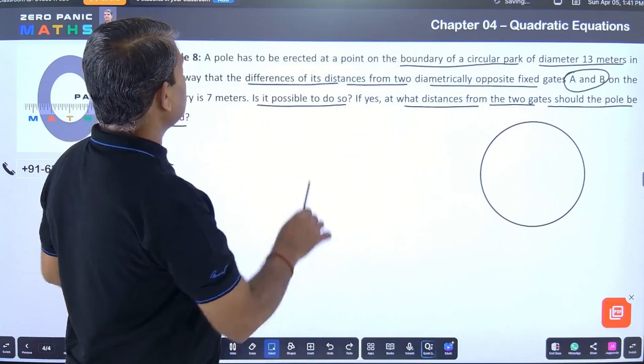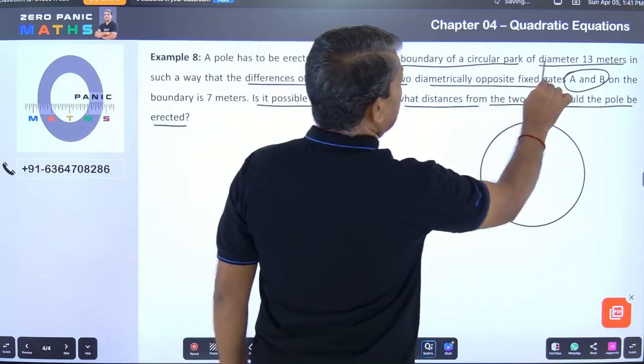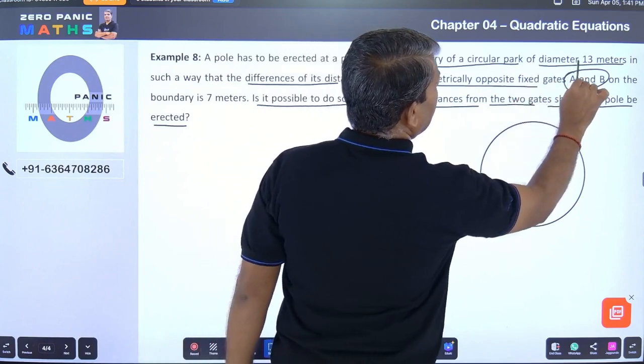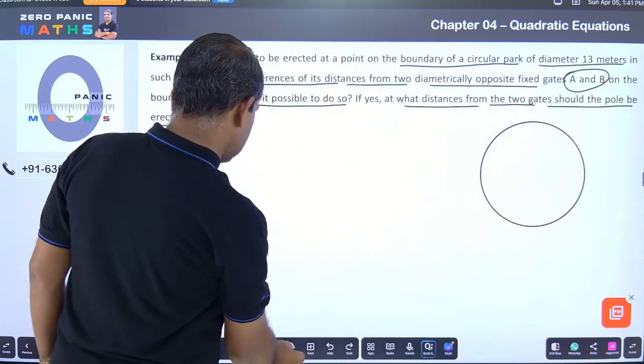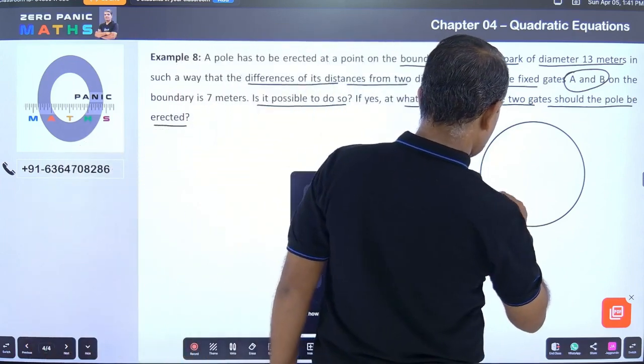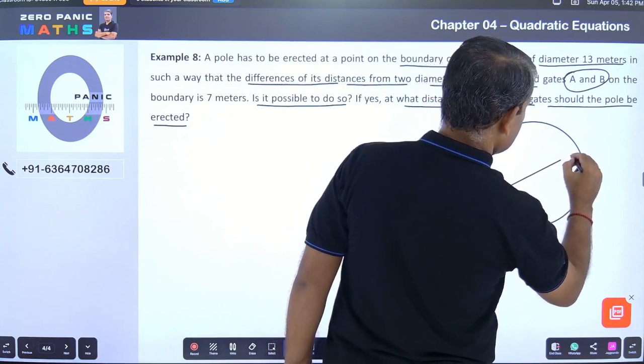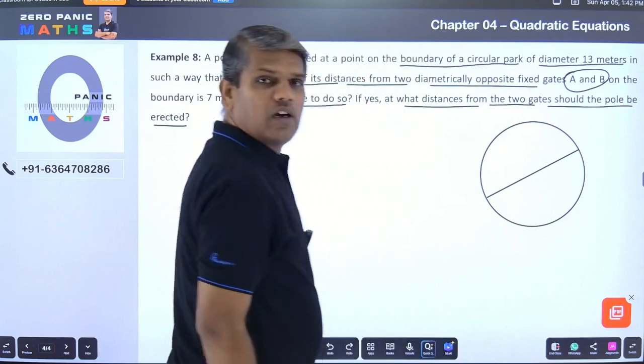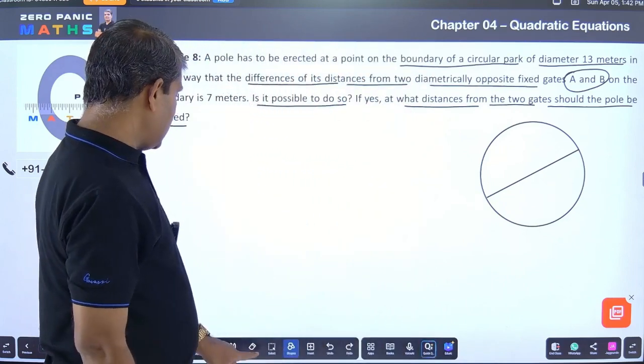What they are telling is the diameter is 13 meters. Let me also draw the diameter. Suppose this is the diameter.